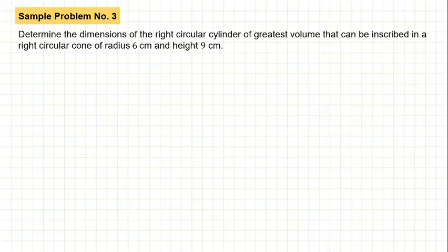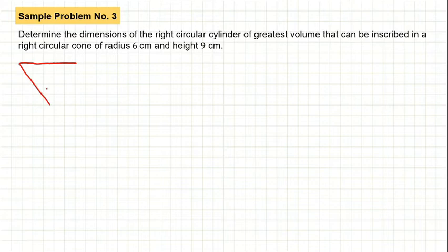First step, kailangan nating i-draw yung appropriate diagram for the problem. So ang sabi dito, yung right circular cylinder, ipapasok natin sa right circular cone. So therefore, suppose we have first a cone. So suppose this is our cone. Okay, so yan.